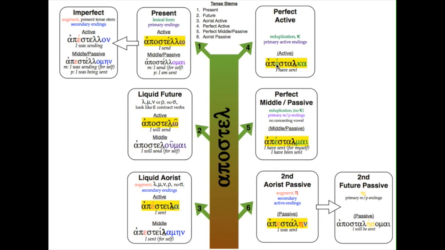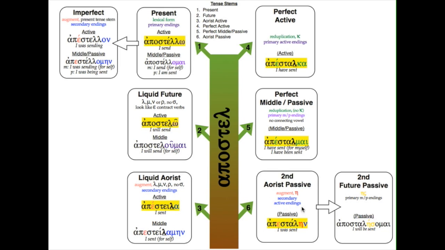But this is actually a reduplication. It's showing you that this is perfect. That wouldn't help you much, but you get the kappa alpha right here. So that saves the day, doesn't it? Okay. Apestalka. And then the perfect middle passive, apestalmai. Again, the vocalic reduplication. And then we have no connecting vowel there, so just apestalmai, not -omai, but just -mai. It's tacked right on. That's the normal form of the perfect middle passive.